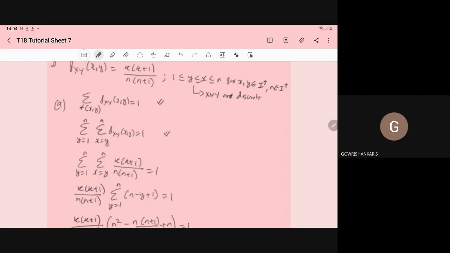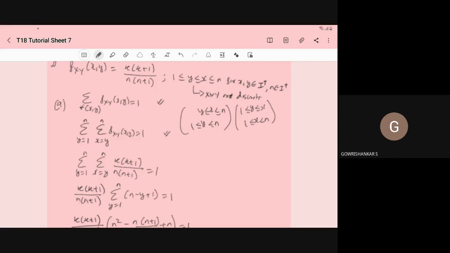The main thing to note here is that x varies from y to n, then we have to take y varying from 1 to n. Either you consider this, or you consider y varying from 1 to x and x varying from 1 to n. By considering any interval you can solve.